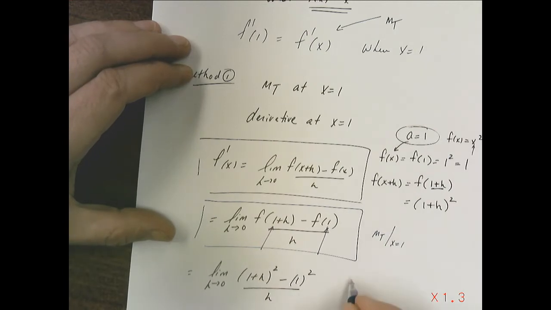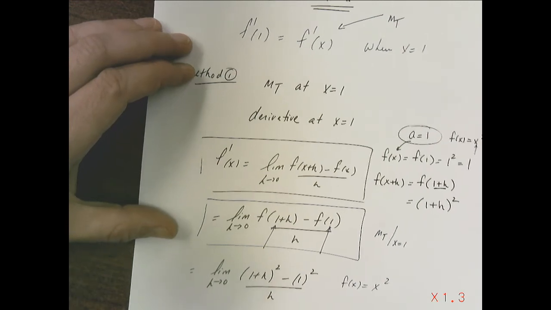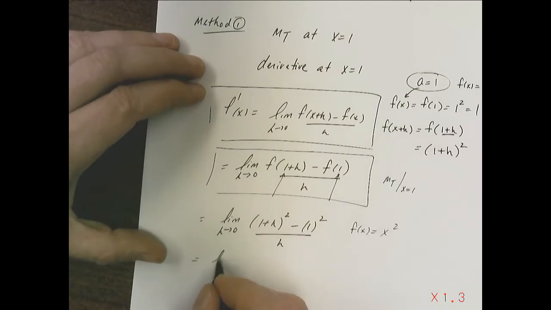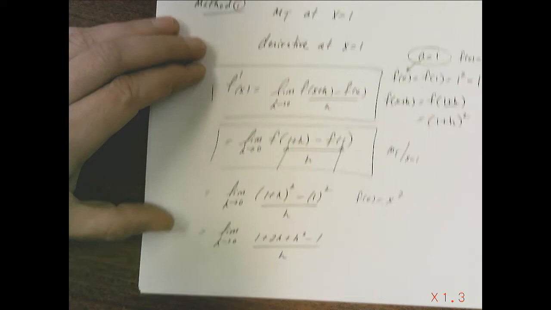Now what we can see is what f of x was. F of x must have been x squared. We can see it here, and the 1 plus h squared is showing us what f of x is. Moving forward with this, it's the limit as h approaches 0 of 1 plus 2h plus h squared minus 1 over h.